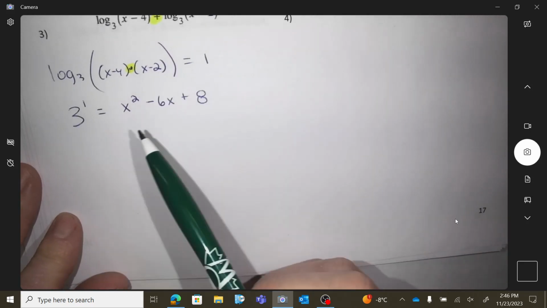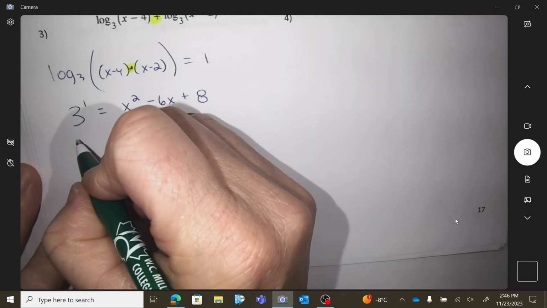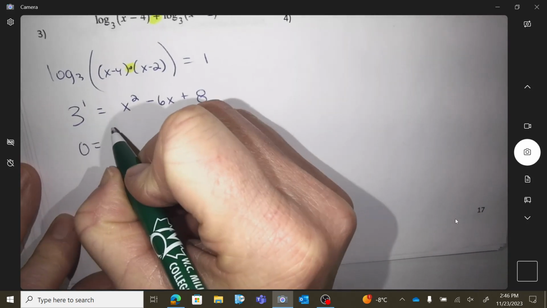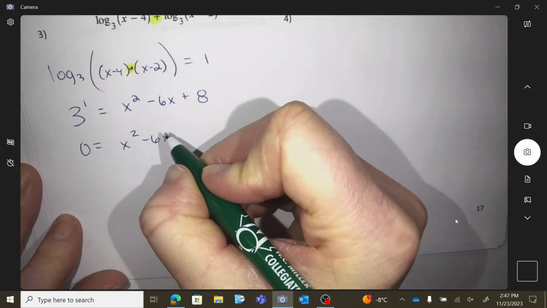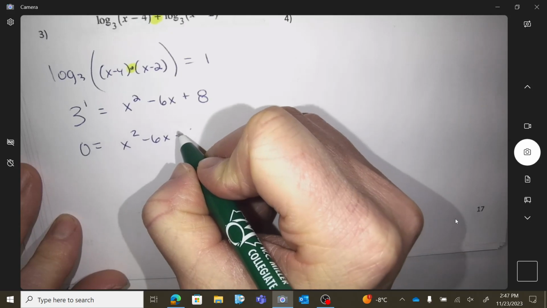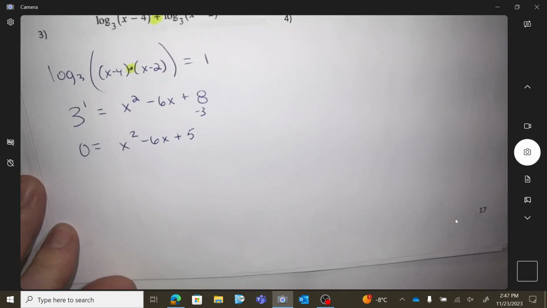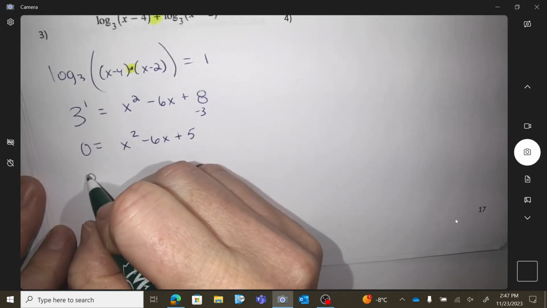Do you see all your parts? That's good. I'm going to zero this out. Looks factorable.